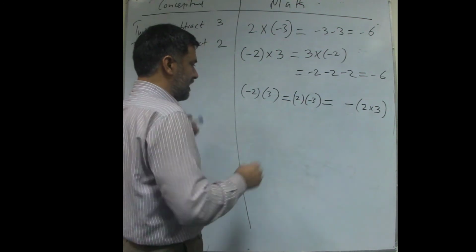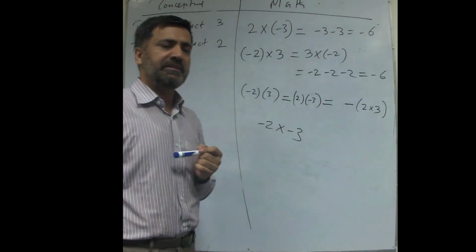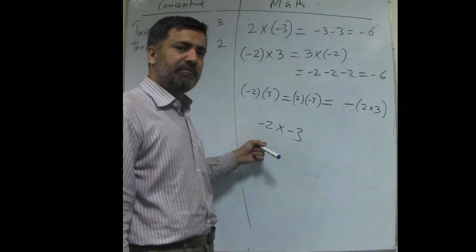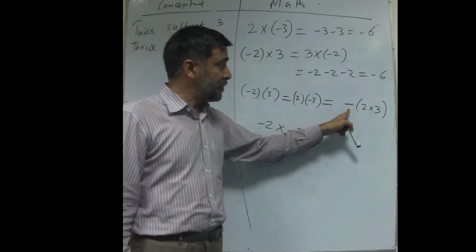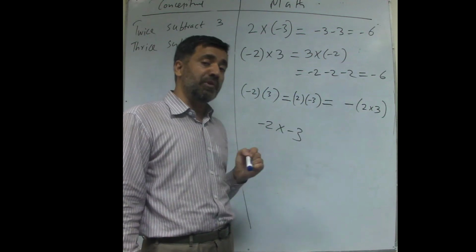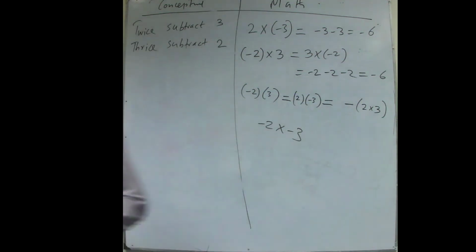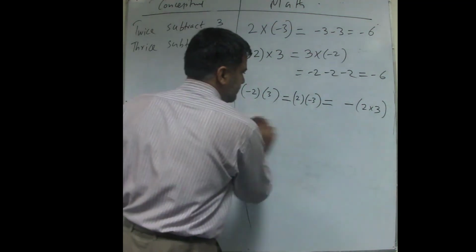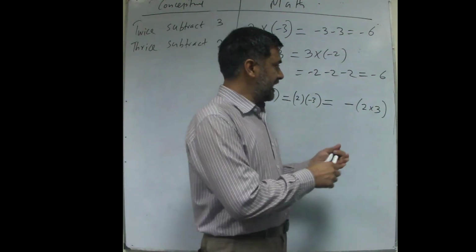If I now say, what do I mean by minus 2 times minus 3? Now this is really difficult because here I have minus, here I have minus. This conceptual model doesn't work here. So I want to use this property of the minus sign because I don't want to lose this property. This property should hold. Now this is very important. So I start from this and I do something.